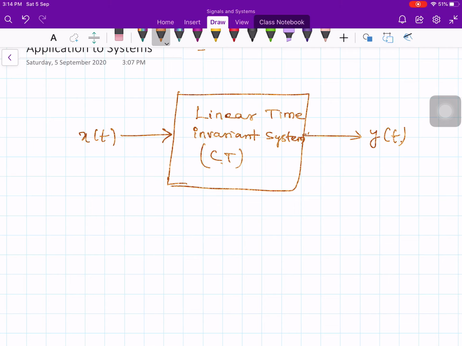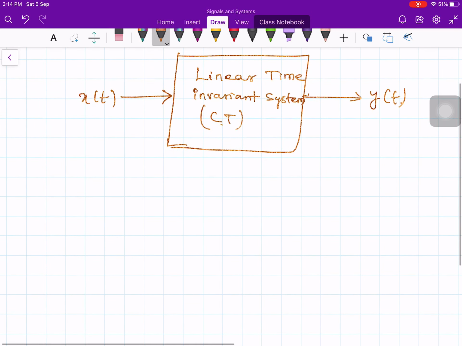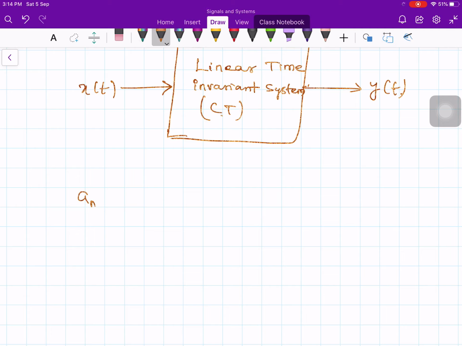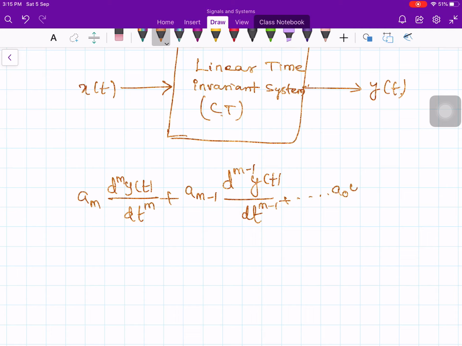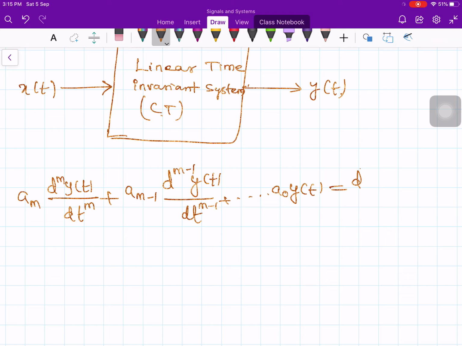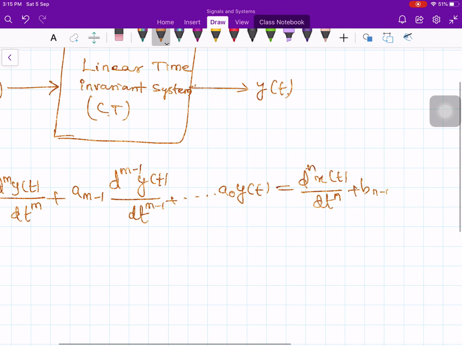general, the input and output are related by a differential equation of the following type: a suffix m, d to the power m y of t divided by dt to the m, plus a suffix m minus 1, d to the m minus 1 y of t, that is the m minus 1th derivative of output y of t, plus dot dot dot a naught y of t is equal to b suffix n, nth derivative of x of t divided by dt to the n, plus b suffix n minus 1, n minus 1th derivative of x of t, plus dot dot dot plus b naught times x of t.